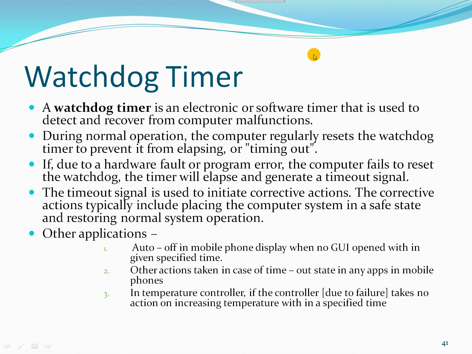So the computer or software fails to reset the Watchdog timer, and the timer will elapse, because the timer will elapse if it was not reset properly. So the timeout signal will be given, and upon reception of that timeout signal, corrective actions have to be taken in order to save the software or the hardware.